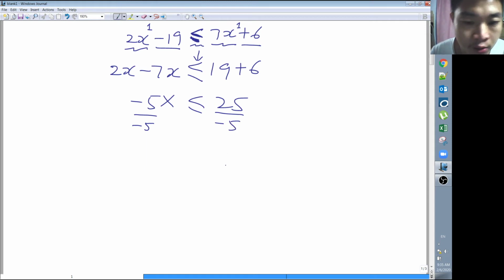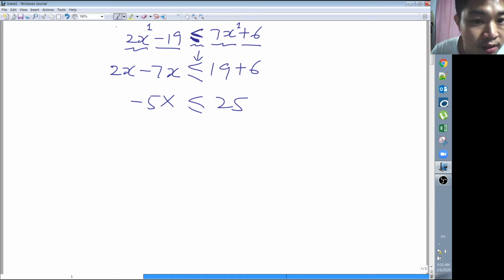But for inequality, I don't encourage students to divide by negative number, or times negative number. So let me not divide by negative 5, or let me not divide by negative number.